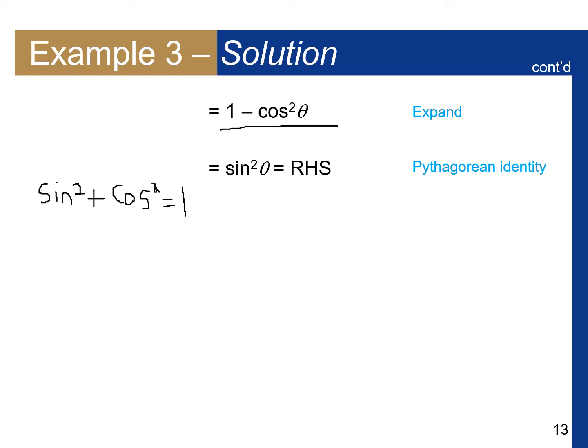So if I subtract cosine squared from each side of this Pythagorean identity, then I am going to get sine squared equals 1 minus cosine squared. So once I'm showing that sine squared does equal 1 minus cosine squared, then I can substitute it in for that.